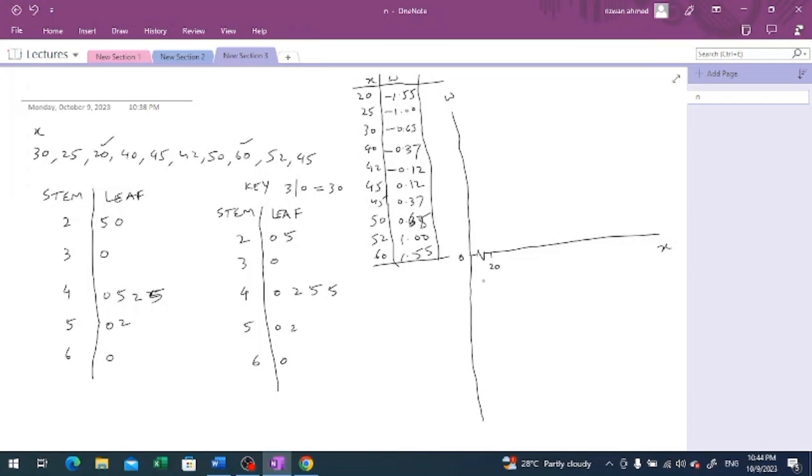So let's take this as 20, 25, 30, 35, 40, 45, 50, 55, and 60.